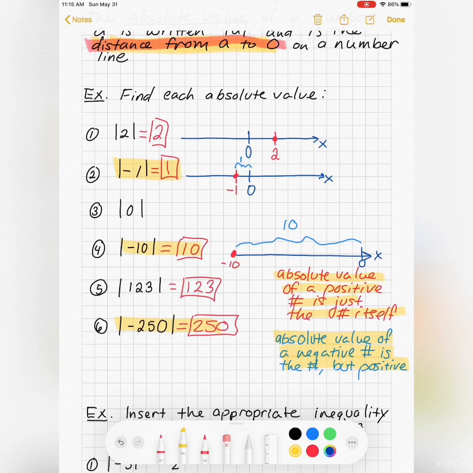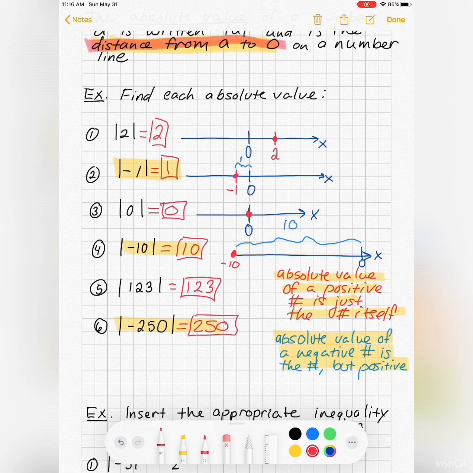Only one left is the absolute value of 0. Then that's kind of the easiest one because you might already know the answer just thinking about this. But look, here's 0. So this is saying, what is the distance from 0 to 0 on the number line? Well, the distance is 0, right? Because I wouldn't actually be moving.